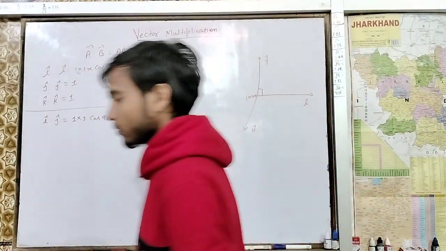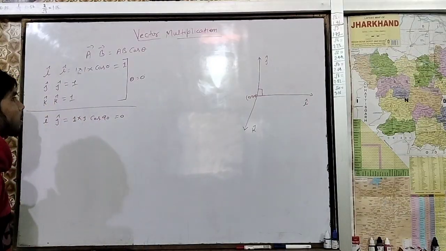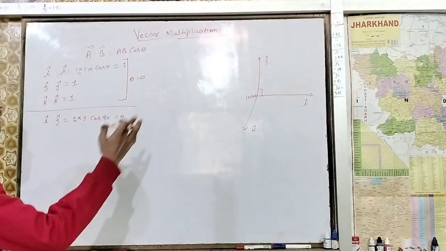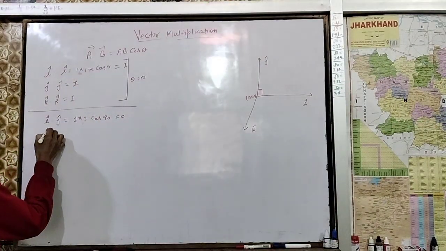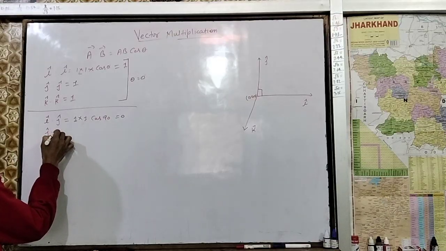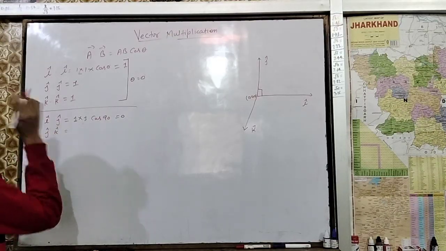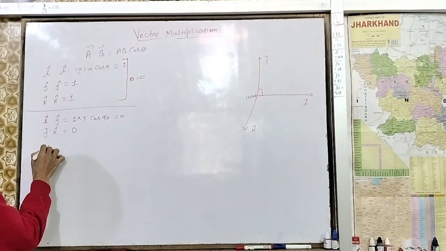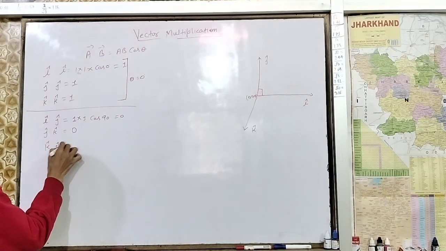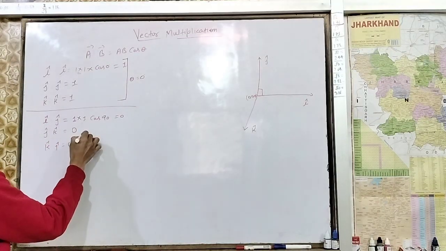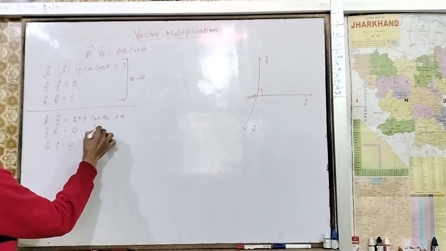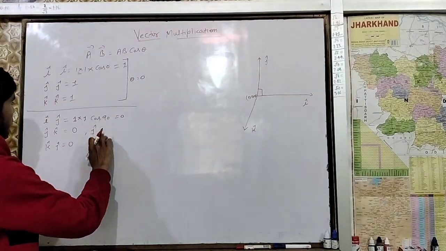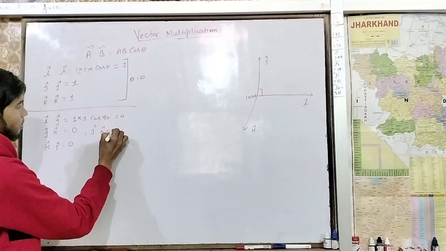The same will happen with the other axes. j into k cap, the result would be 0. k into j cap, the result would be 0. k cap dot i cap, the result would be 0.